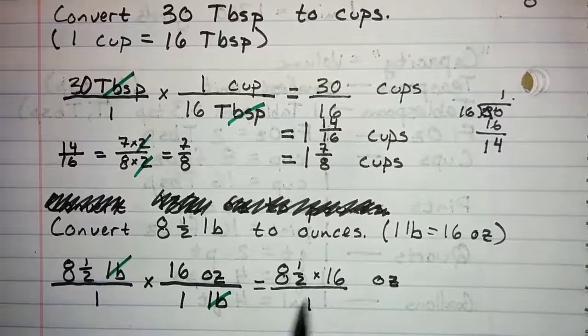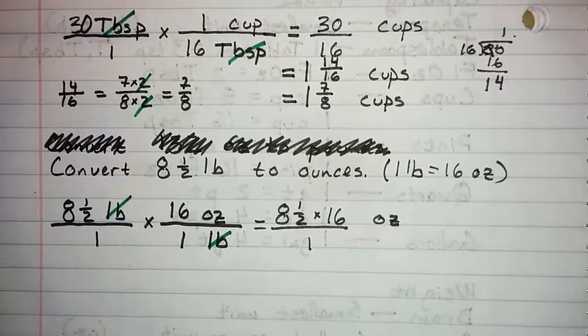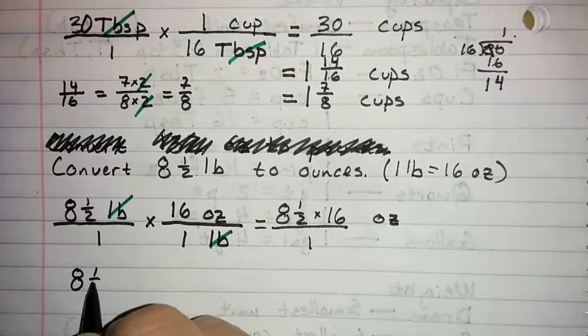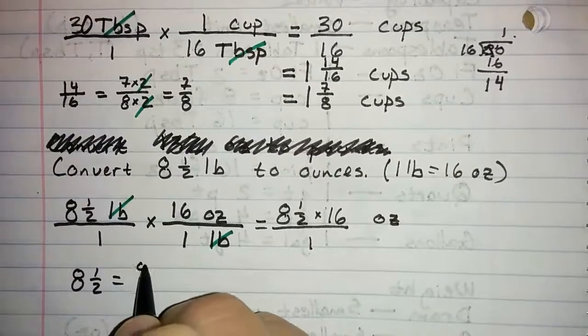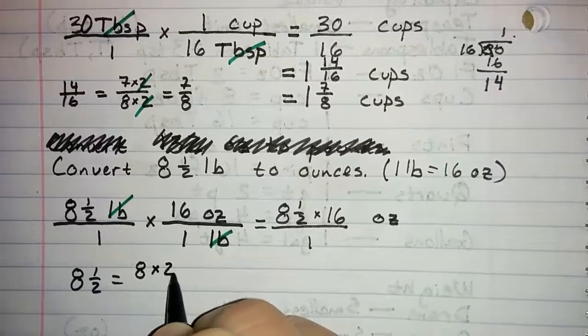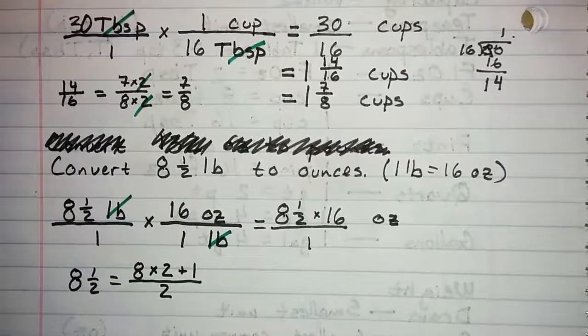To multiply 8½ times 16, what do I need to do? I need to go to an improper fraction. 8½ will equal, well, each whole unit is 2 halves, plus the 1 half I had already.